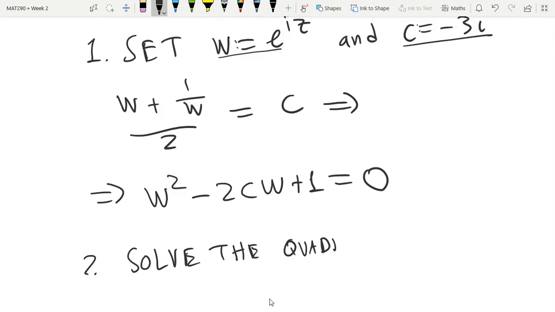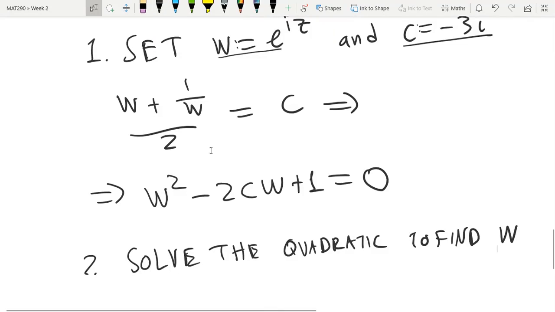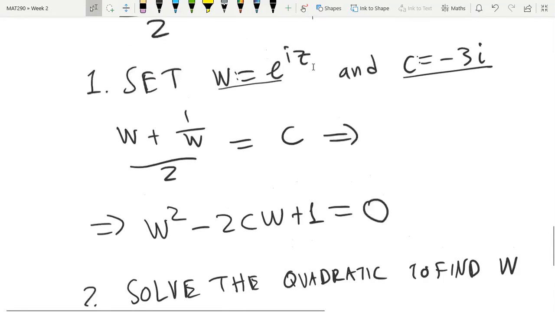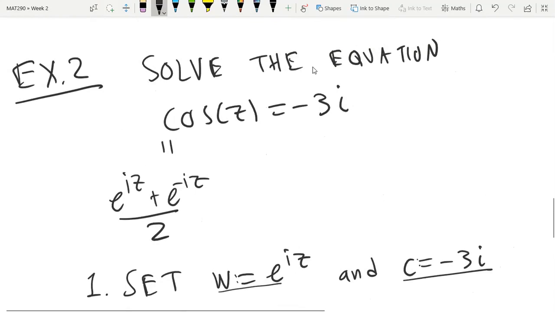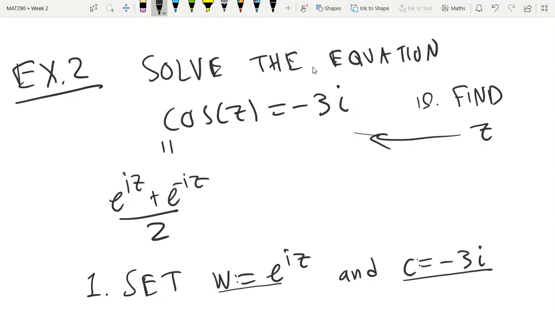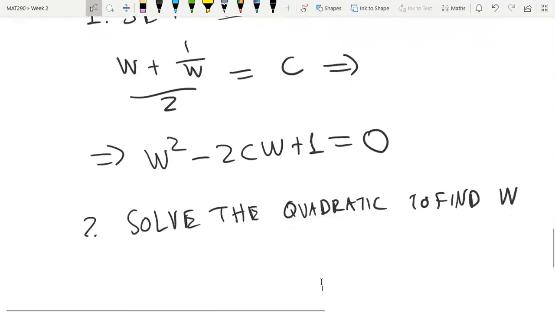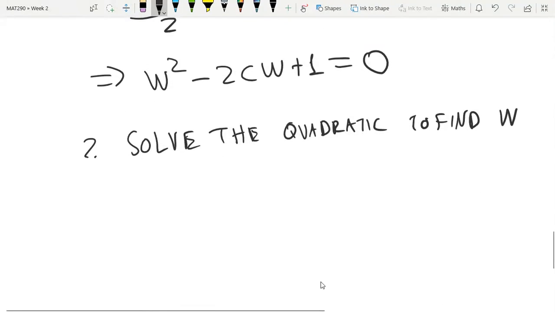The hope is that by finding w, we can then find z, right? So again, by saying solve the equation, we mean find z such that it satisfies that equation. Okay, so we solve the quadratic. What was it?